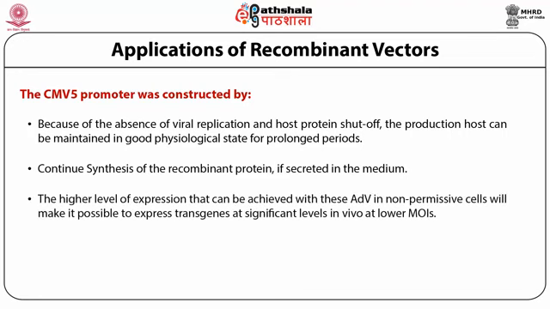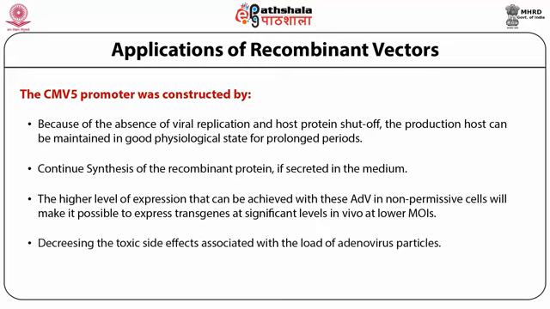The high level of expression that can be achieved with the adenovirus in non-permissive cells will make it possible to express transgenes at significantly high levels in vivo at lower MOIs. This means when we have fewer infection doses, a high level of expression can be obtained, decreasing the toxic side effects associated with the load of adenovirus particles. So by using lower MOIs, the toxic effect can be reduced in this virus.